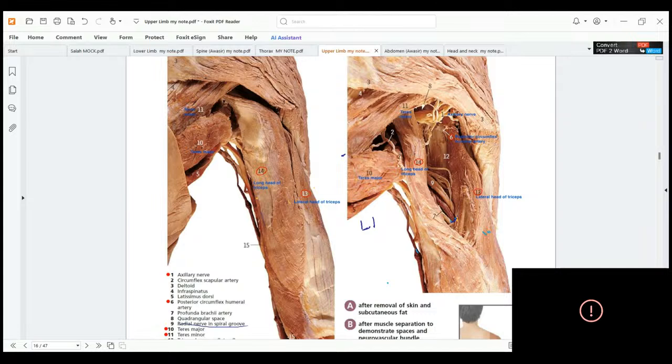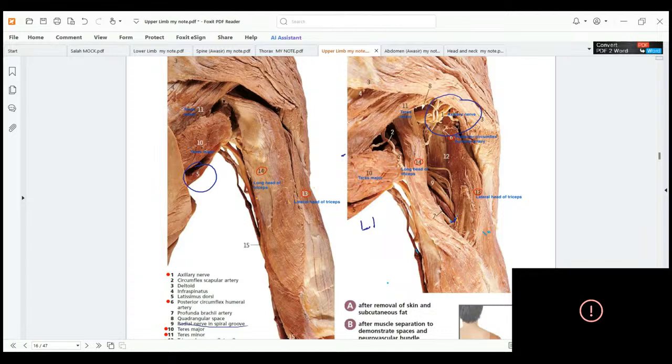Number one is the axillary nerve. Number five, where is five? Here is written five.